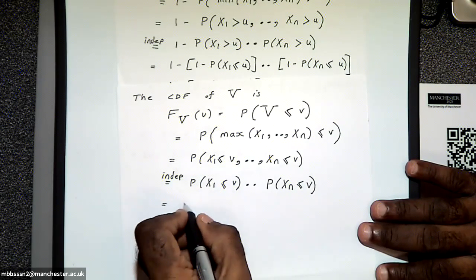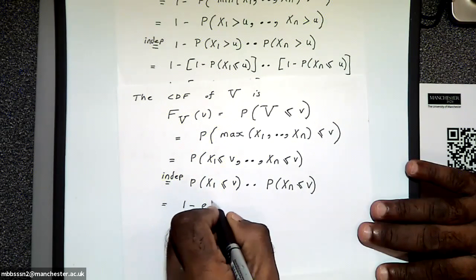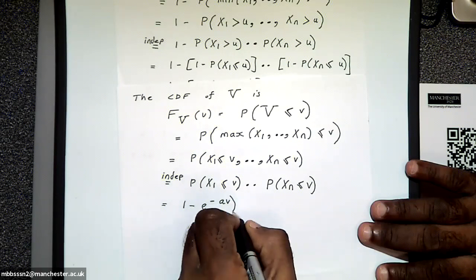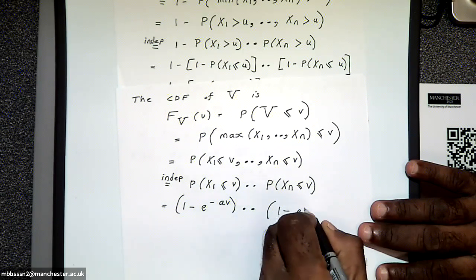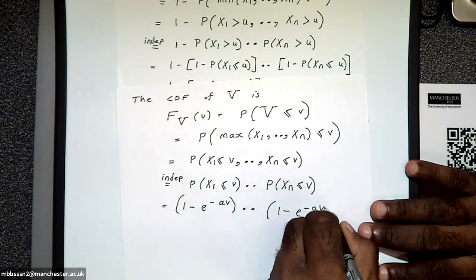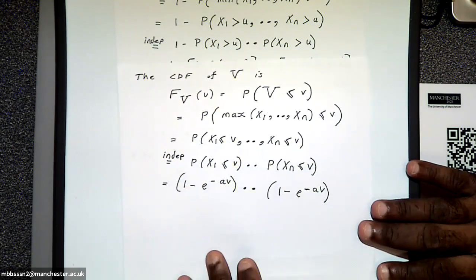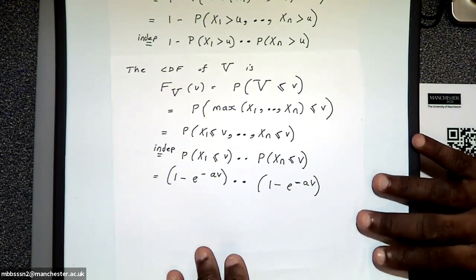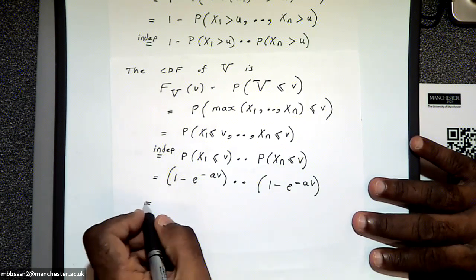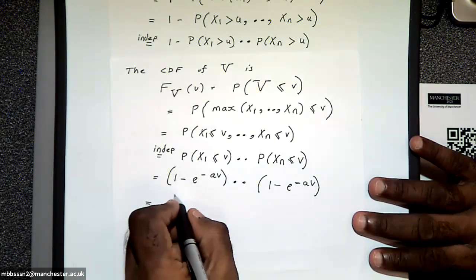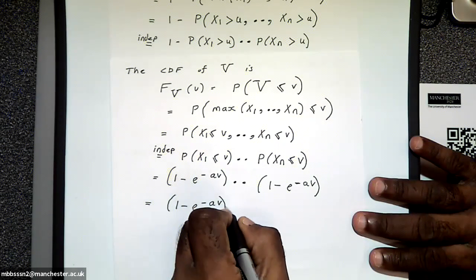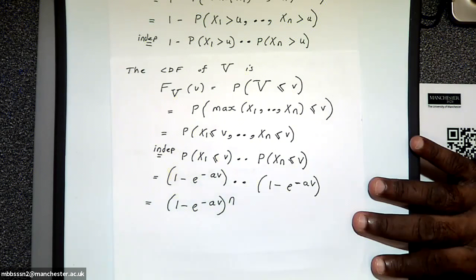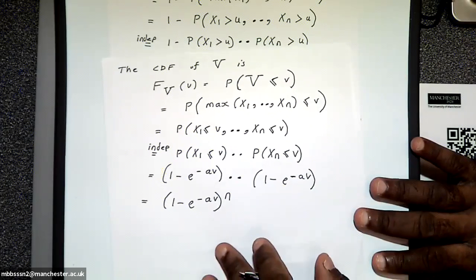I told you before that this is 1 minus e to the minus a v. So this is the CDF of the maximum portfolio loss.